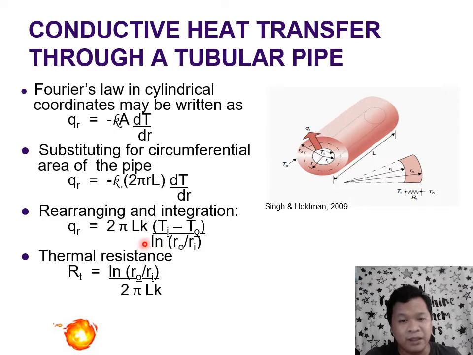Okay. However, to get that value, we use the term ln, radius outer over radius inner. Okay. And similarly, the thermal resistance would then be equal to ln of Ro over Ri over 2 pi Lk.